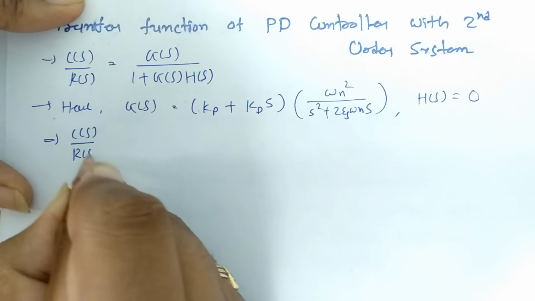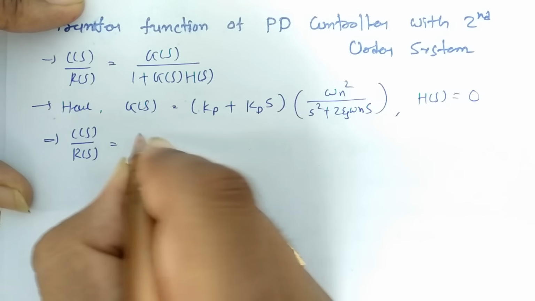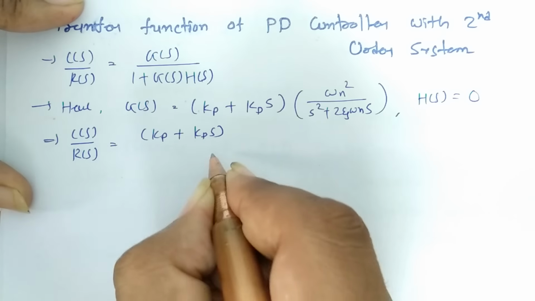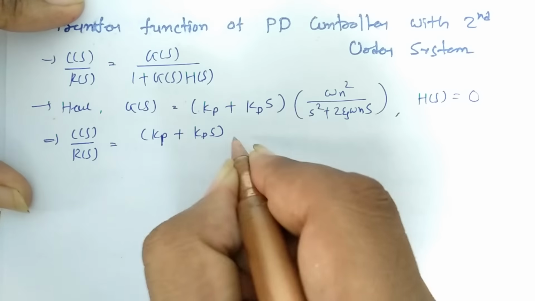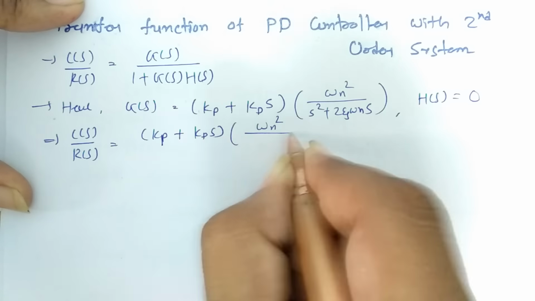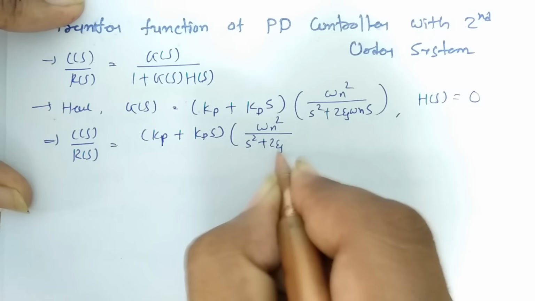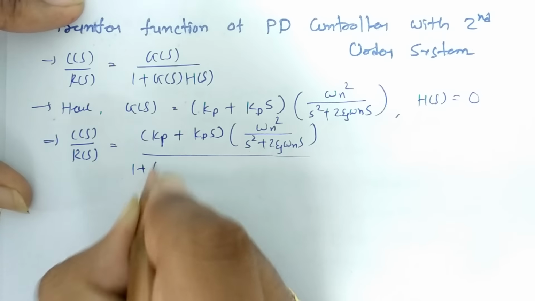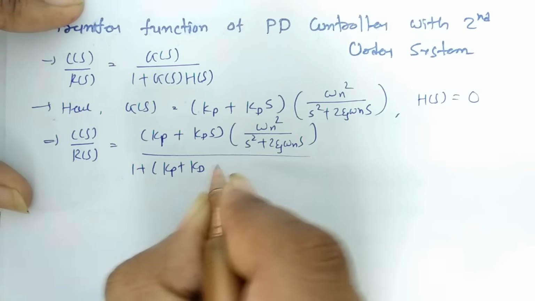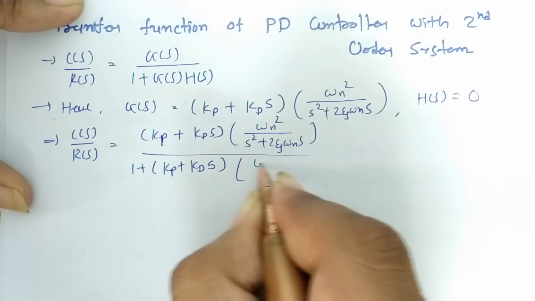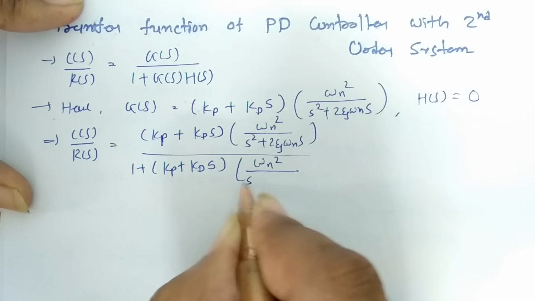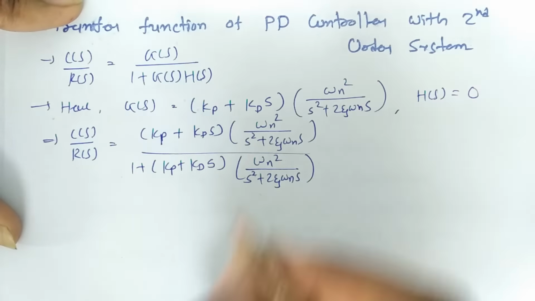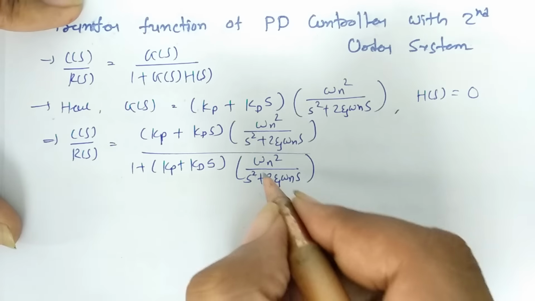So if we place that into this transfer function, then we will have C(s) by R(s), that is Kp plus Kd into s into omega square n divided by s square plus 2 zeta omega n s, divided by 1 plus Kp plus Kd into s into omega square n divided by s square plus 2 zeta omega n s. If we take LCM, this term will get cancelled from numerator and denominator.